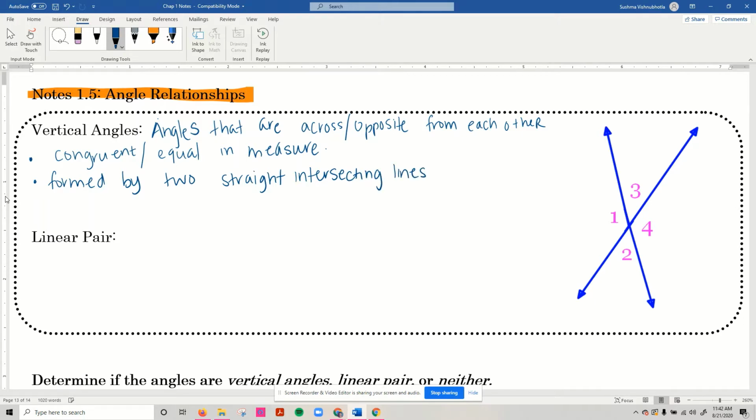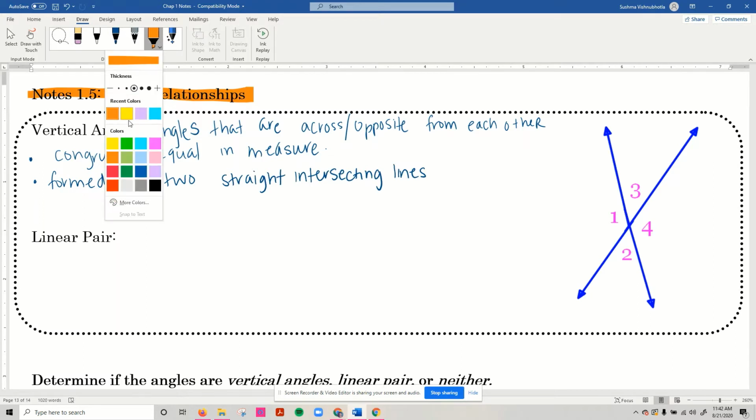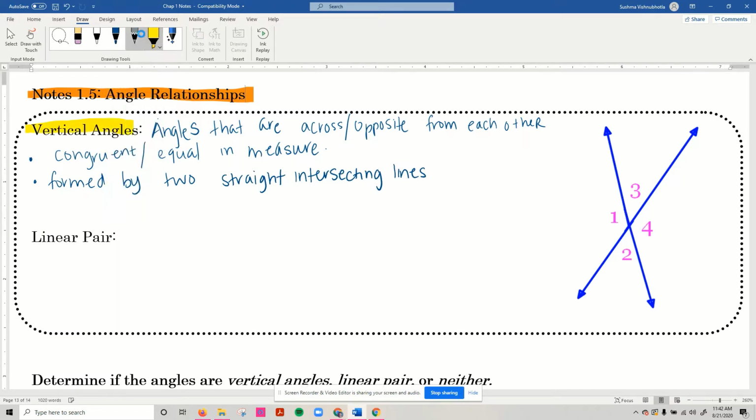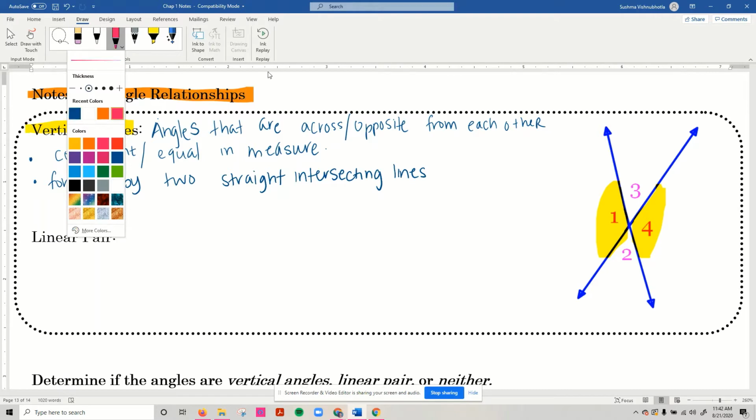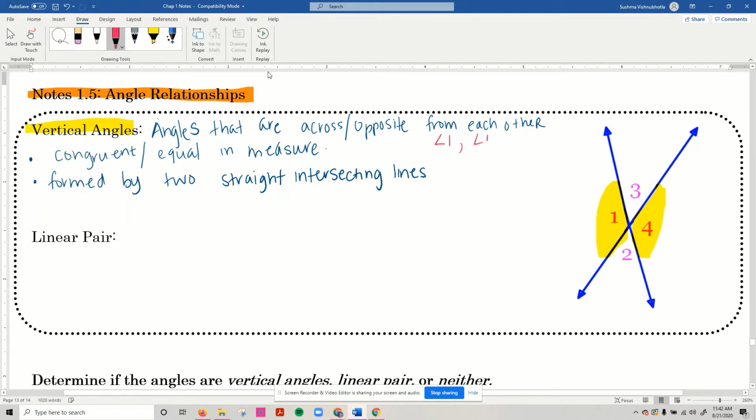So in this picture, one set of vertical angles are angle 1 and angle 4. Okay, so if I ask you to identify vertical angles, you can say angle 1 and angle 4 are one pair. And all of these vertical angles, linear pair, they're more than one angle in relation to each other, right? Like yesterday we talked about adjacent. So it's really more than one angle.